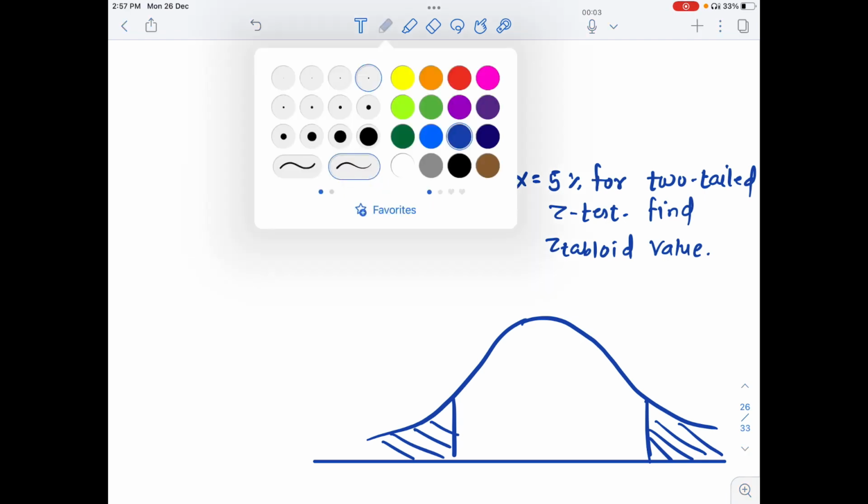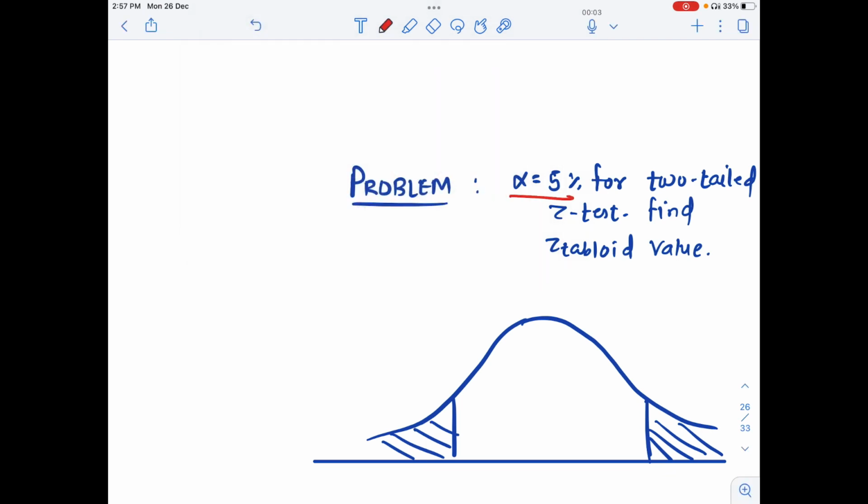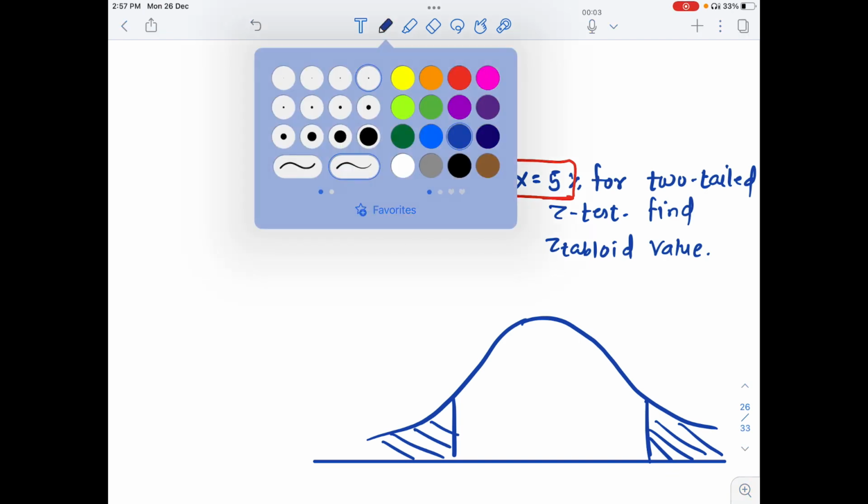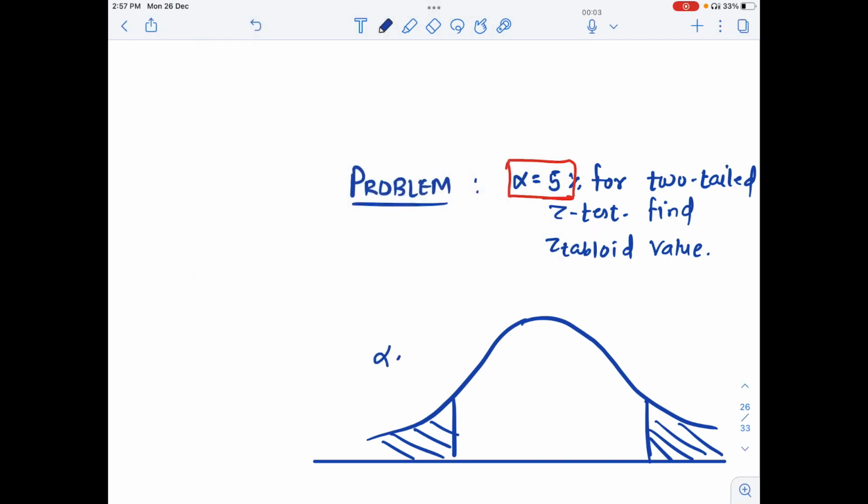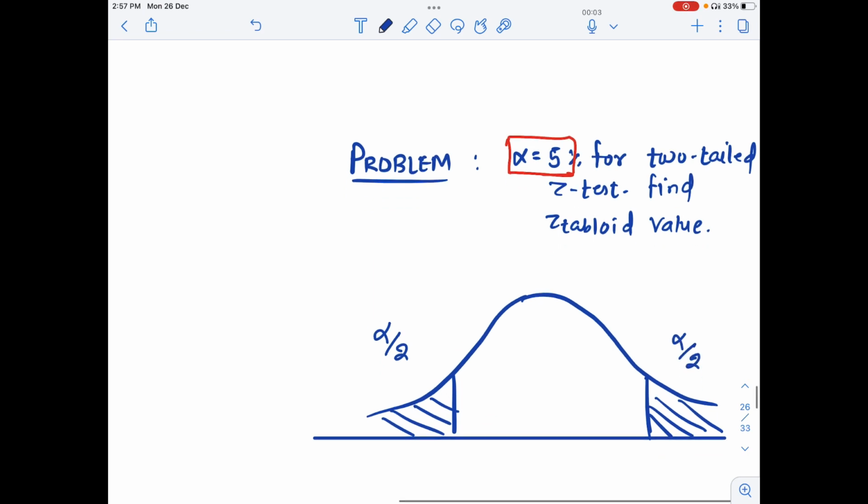If you watched the earlier video, you remember that alpha is divided into two parts, alpha by 2 and alpha by 2, so each of these will be 2.5%. Remember, because it is a two-tailed test, you have to divide the total alpha into alpha by 2 and alpha by 2, and they will be the rejection areas.